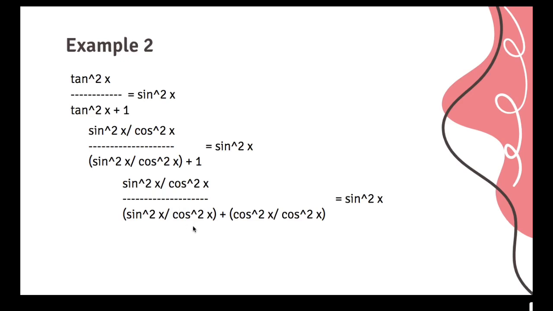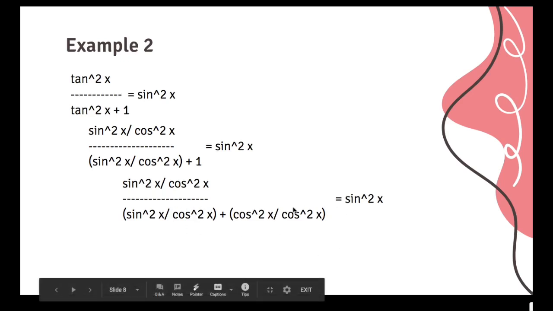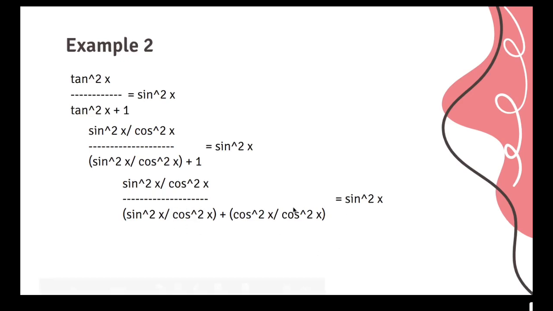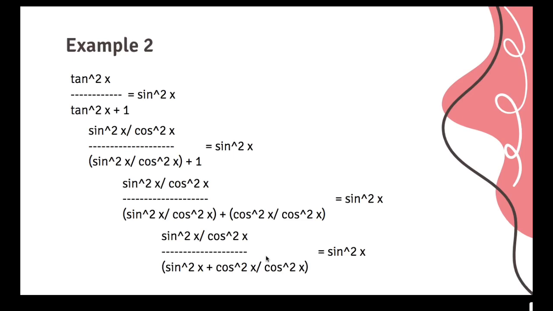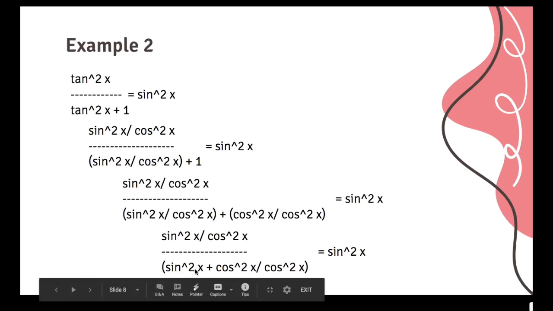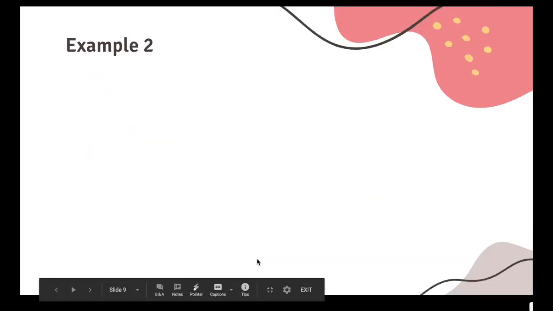Now that they have common denominators, we can add them to look like sine squared x plus cosine squared x over cosine squared x. So now this looks very familiar again, and sine squared x plus cosine squared x is equal to 1.